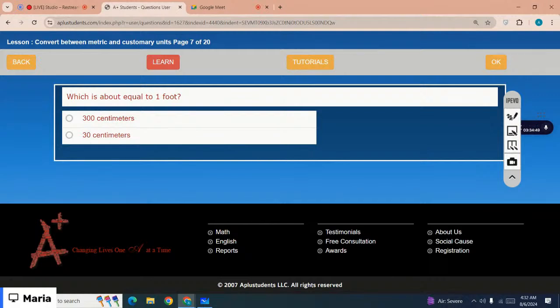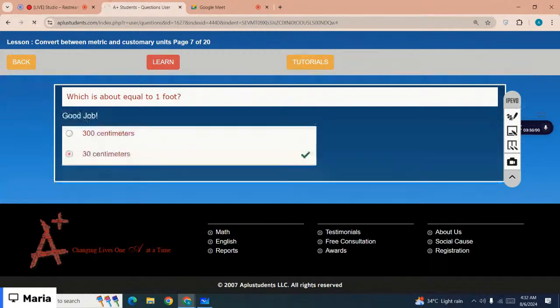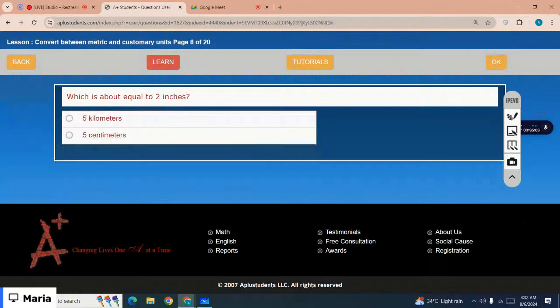That is 30 centimeters. Option number 2 is the correct option, right? The next one is which is equal to 2 inches, 5 kilometers or 2 centimeters.